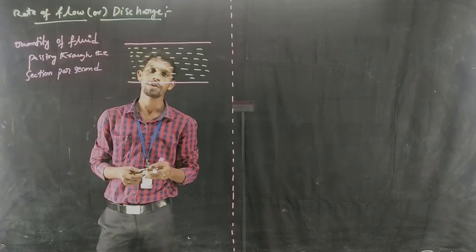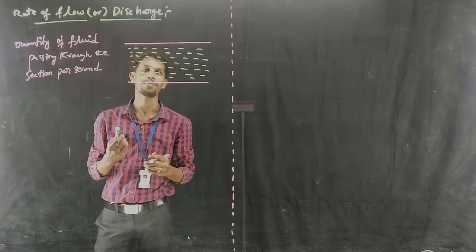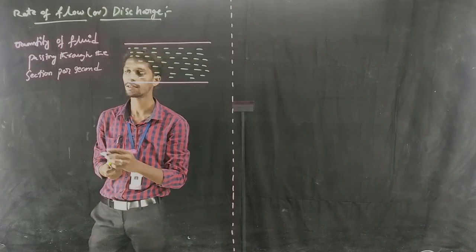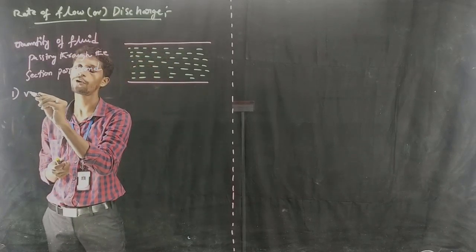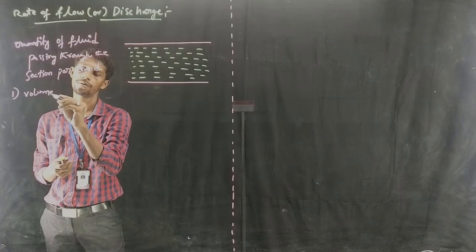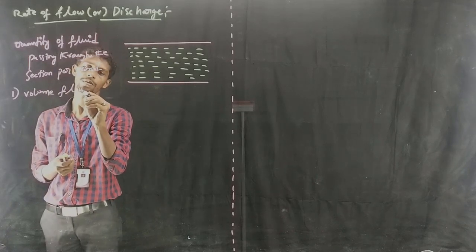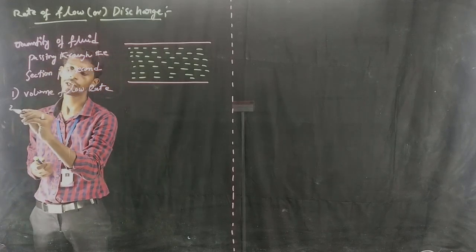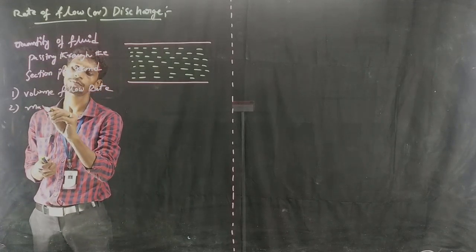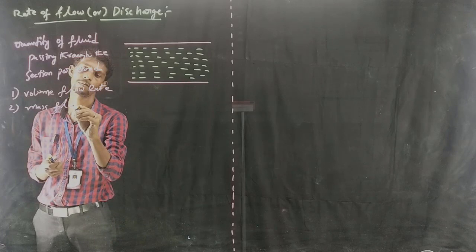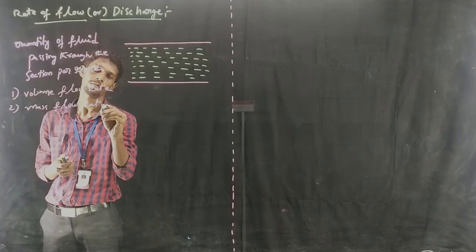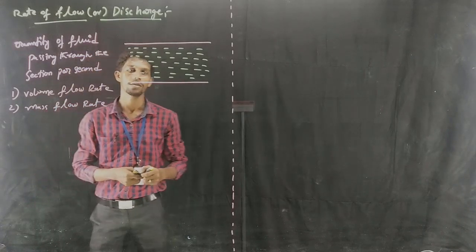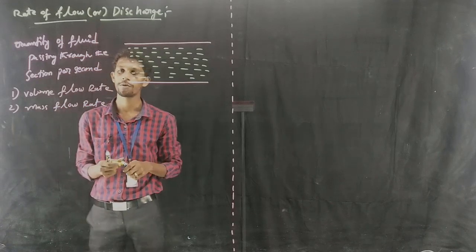Basically we have two different flow rates. One is volume flow rate and the second one is mass flow rate. So what about the volume flow rate and what about the mass flow rate?